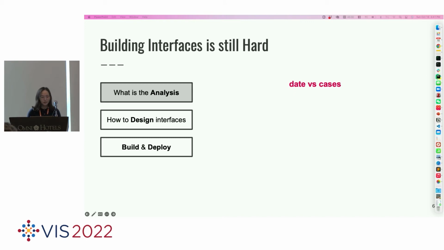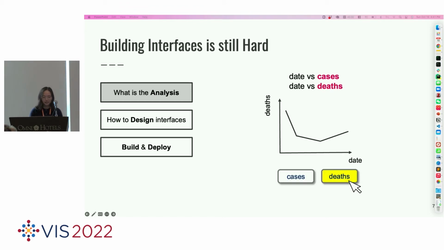Let's say if your analysis is date versus cases, and the interface can be a line chart showing the changing cases over time. And let's say if you add another analysis like date versus death, then your interface can have a button let you choose between cases and deaths and show the visualization correspondingly.